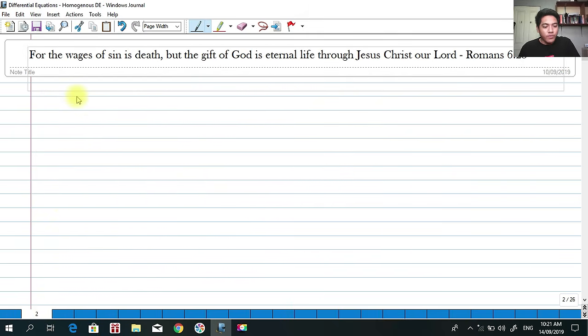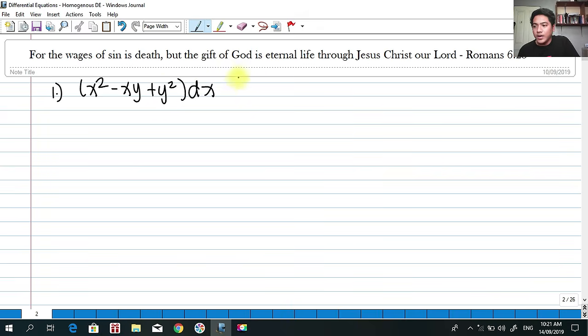For number one, we should be solving the differential equation (x squared minus xy plus y squared) dx minus xy dy equals 0. This is a homogeneous differential equation because we have the term x squared, which has a degree of 2, and also y squared, which has a degree of 2.